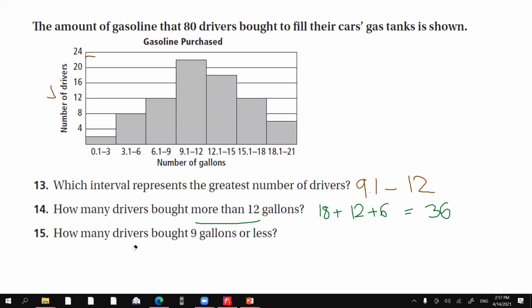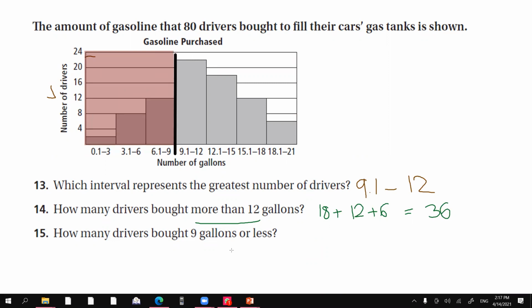Now the last one. How many drivers bought 9 gallons or less? 9 gallons here or less. So what I have to do now is add this area here, the number of drivers that are less than 9.